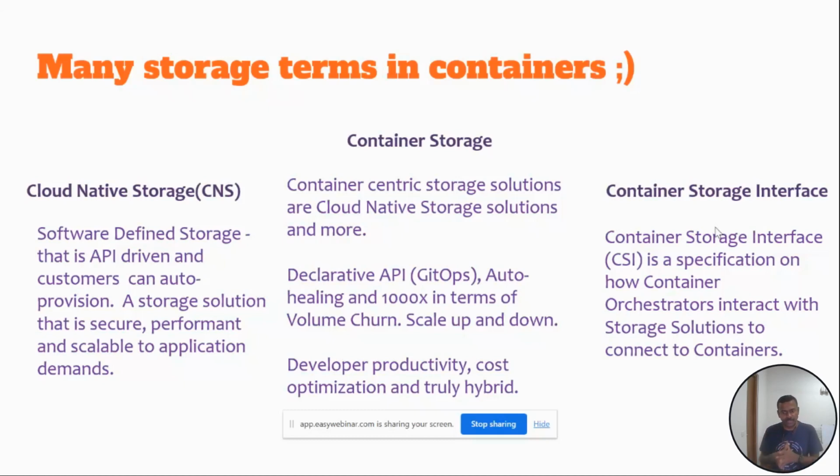So there is a specification available, and if the storage vendors' drivers are compliant with CSI, it can seamlessly work with Kubernetes workload deployments. We'll see some more details in the subsequent slides. So this helps for any container orchestration engine. As you know, Kubernetes is one type of container orchestration engine, like Mesos or Cloud Foundry. All these platforms are container orchestration engines, but Kubernetes is the prominent and top one today.